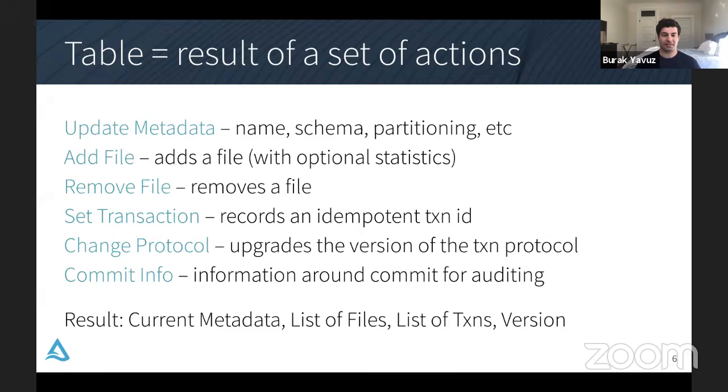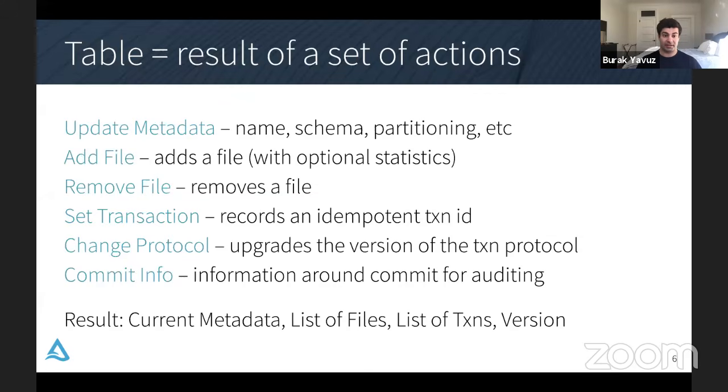Then we have a set transaction action. This is used for structured streaming. Whenever you're committing files to your table through structured streaming, we add new set transaction actions. The set transaction action just contains the ID of the stream. The ID of your stream exists in the checkpoint location of your stream.